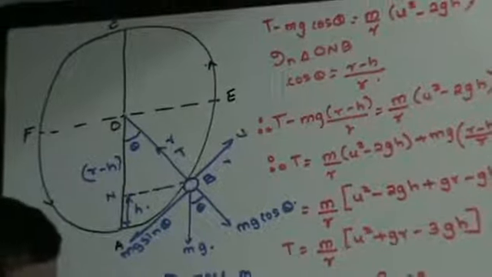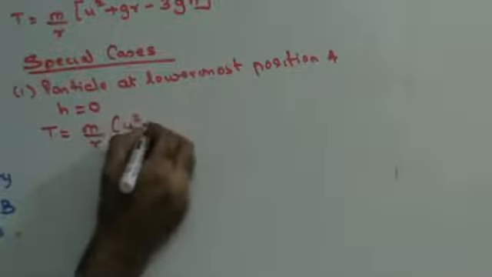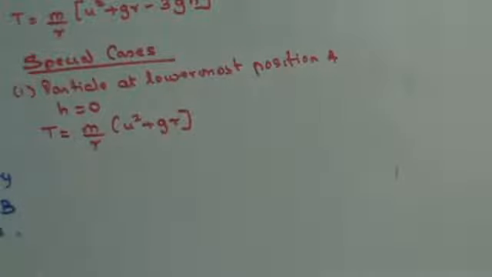If h is 0, then tension will be equal to m upon r into u square plus gr. That will be the total tension that will be acting on the string. Right? We will call this TL, tension at the lowermost point.